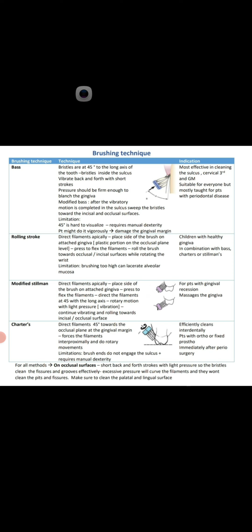We direct the filaments apically and place the side of the brush on the attached gingiva. And next, we give a rotary motion, vibration, but in the Bass method we give back and forth. Here we give rotary motion and rolling toward the incisal and occlusal surface. This is the modified Stillman.